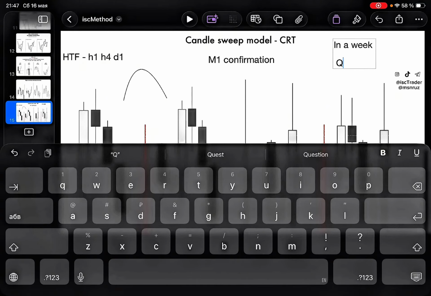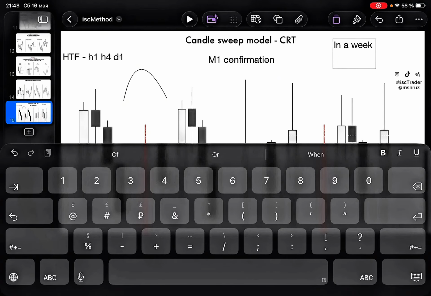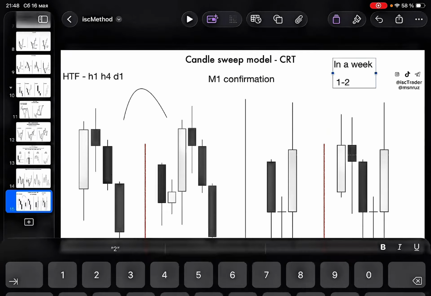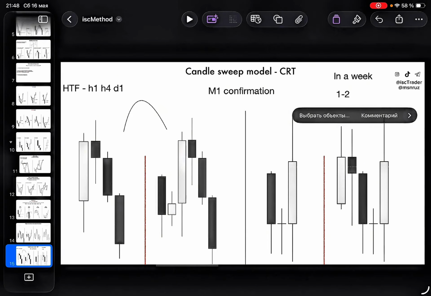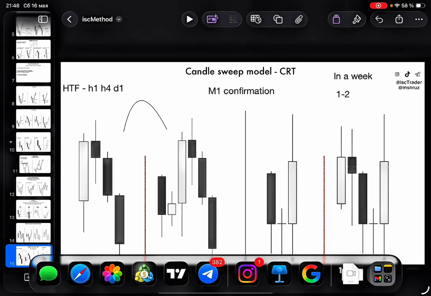The market might give us confirmation once or twice every week on a CRT candle, or it might not provide it at all, but it should give it at least once a week. But it doesn't give much. That is why its win rate is high. You will know in advance where the market is going.